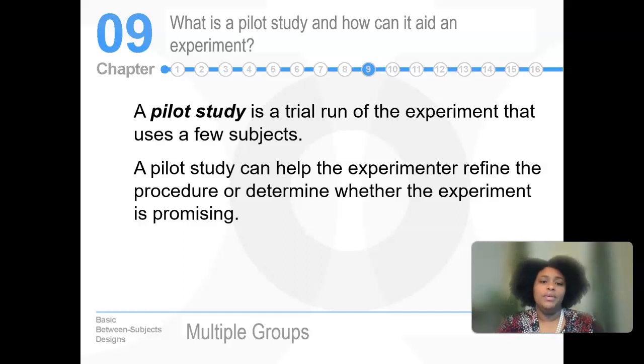What is always helpful is a pilot study, which is a trial run of the experiment using fewer subjects. It allows us to gauge how we're going to conduct our experiment, and also see if it's even worth the time or the expenses, etc., as it pertains to a particular experimental idea that you want to test.